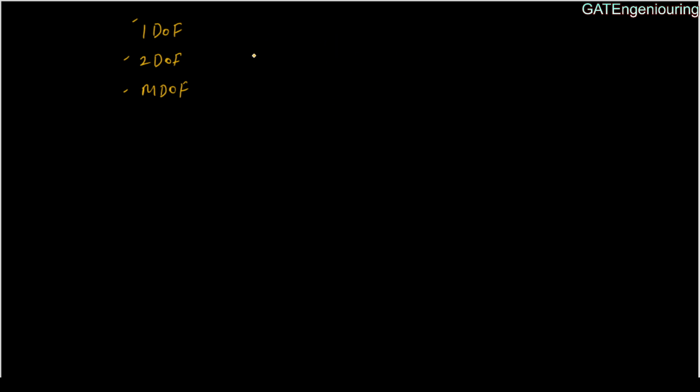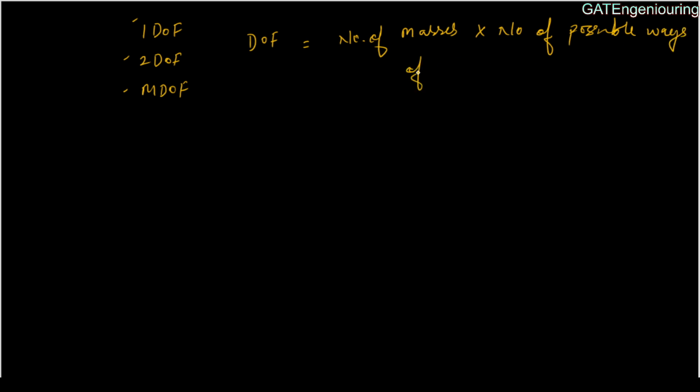Okay, so there is a short way of finding out this: the degree of freedom of a system can be determined by the number of masses in the system multiplied with the number of possible ways of motion.